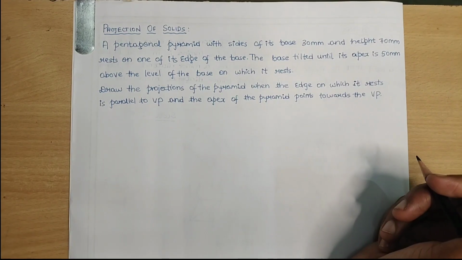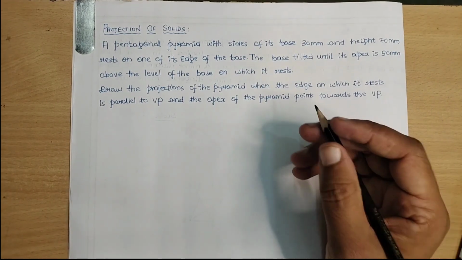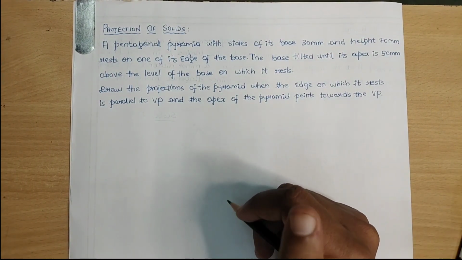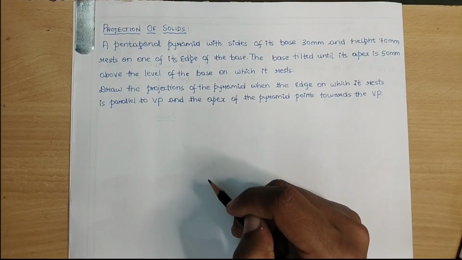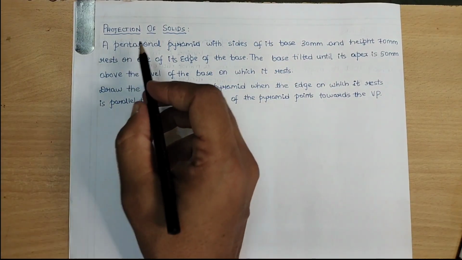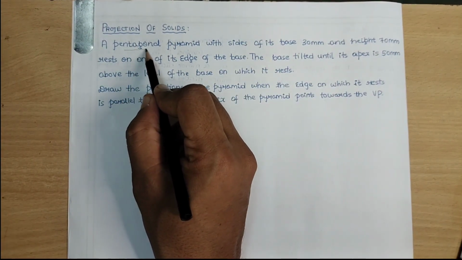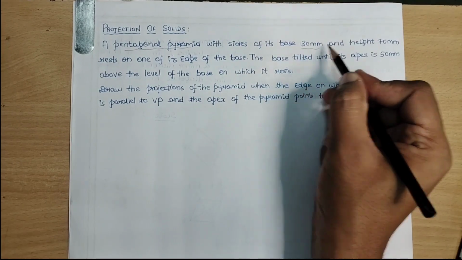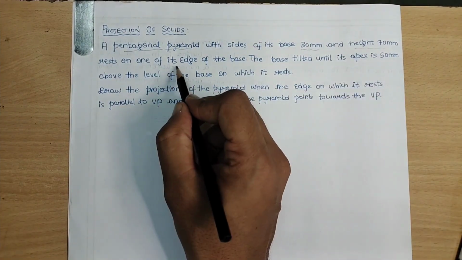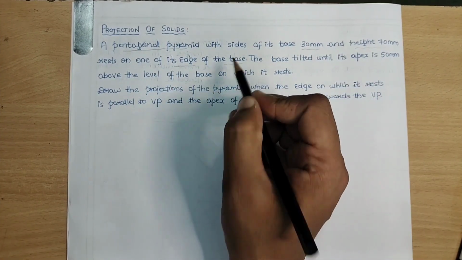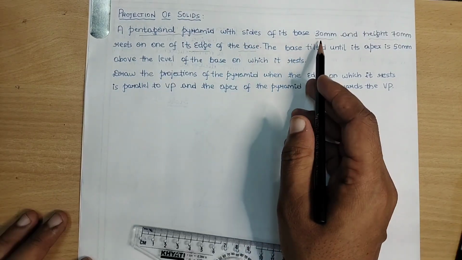Let us see the step-by-step procedure to solve this particular question of engineering drawing from projection of solids. So first thing is, they are asking for a pentagonal pyramid of 30 mm side and height 70 mm resting on one of the edges of its base. This is the initial condition.